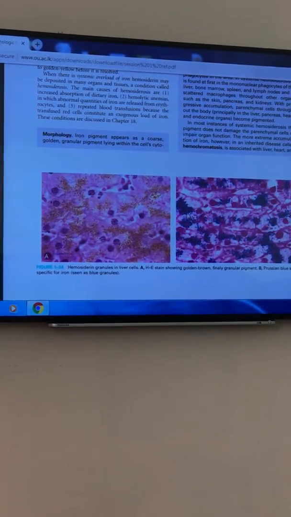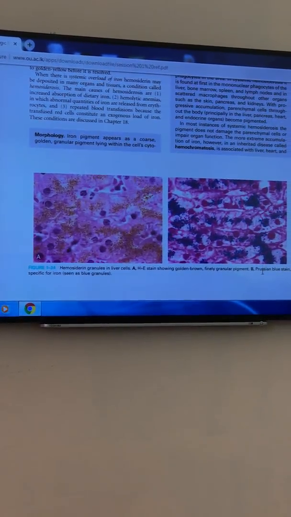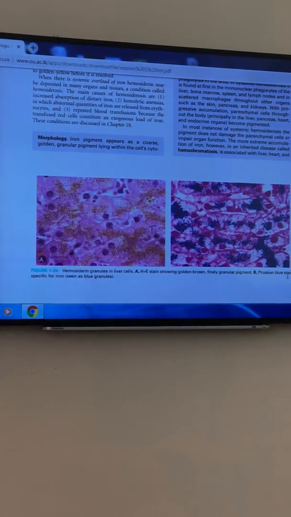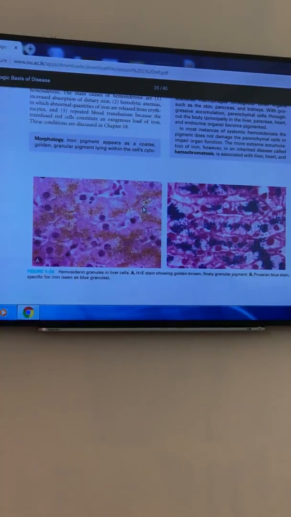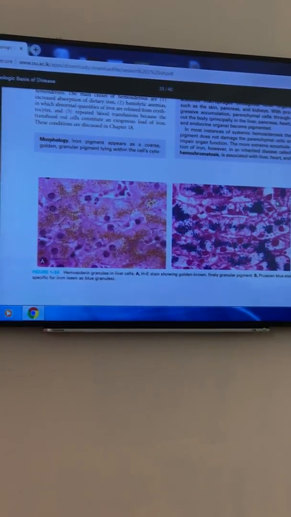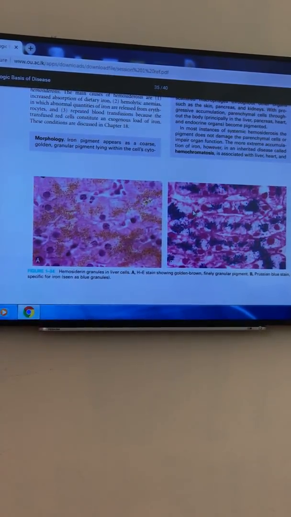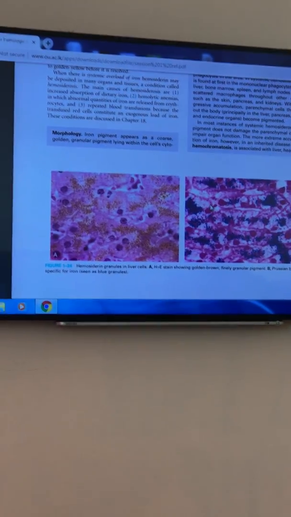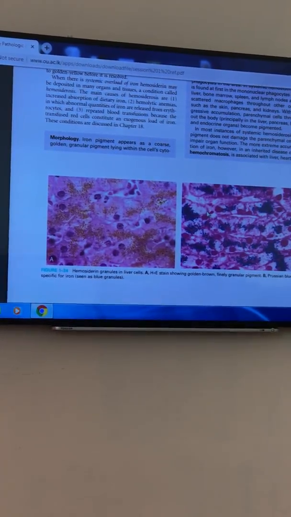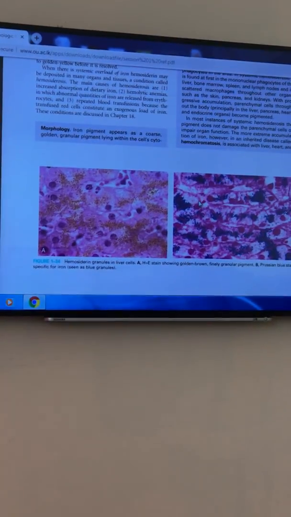Here we use a special stain called Prussian blue stain that binds hemosiderin. This shows that the pigment is iron, not bilirubin, not lipofuscin. So special staining is important for diagnosis.